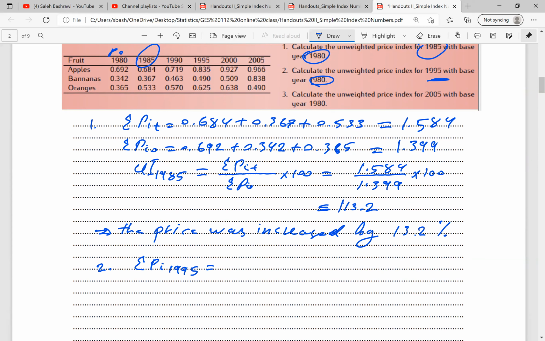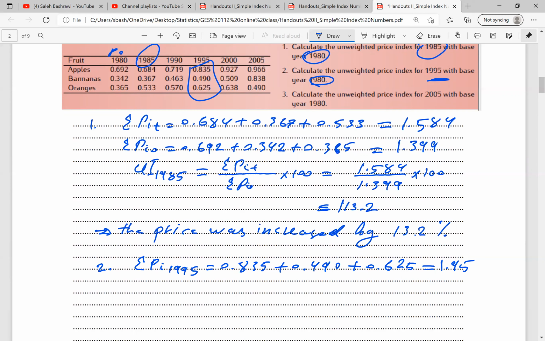That will be 0.835 plus 0.490, we are adding these numbers, plus 0.625, which is equal to 1.95.